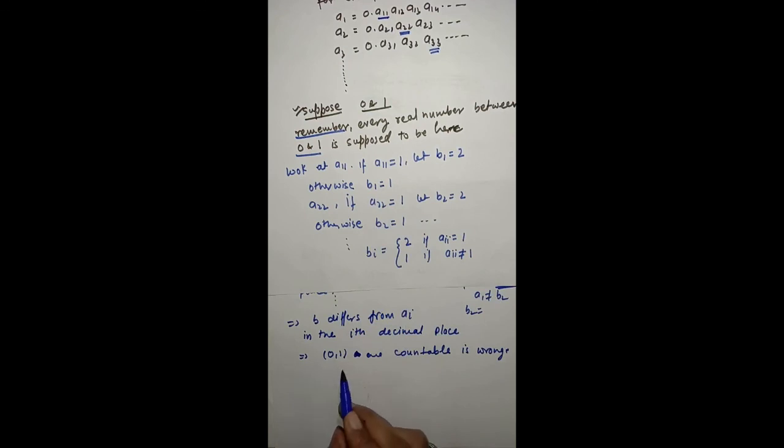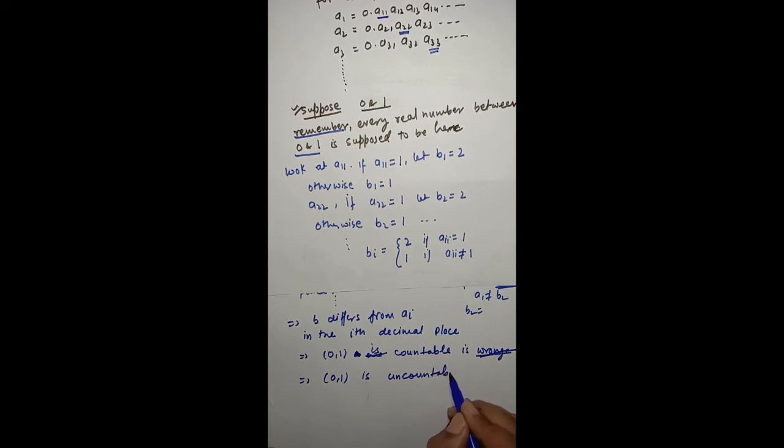That means our assumption is wrong. So (0,1), this open interval, is uncountable.